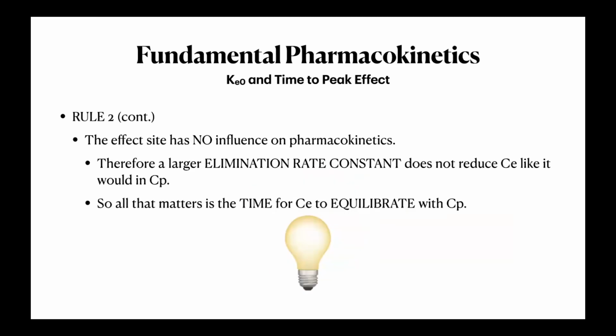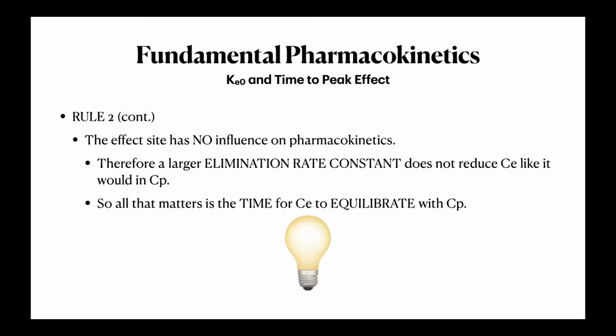The reason for this is that the effect site has no influence on pharmacokinetics, because it's considered to be of such small volume that it doesn't have any effect on the actual concentration at the effect site or the plasma concentration. So therefore, having a larger elimination rate constant at the effect site does not reduce the effect site concentration like it would in plasma concentration.